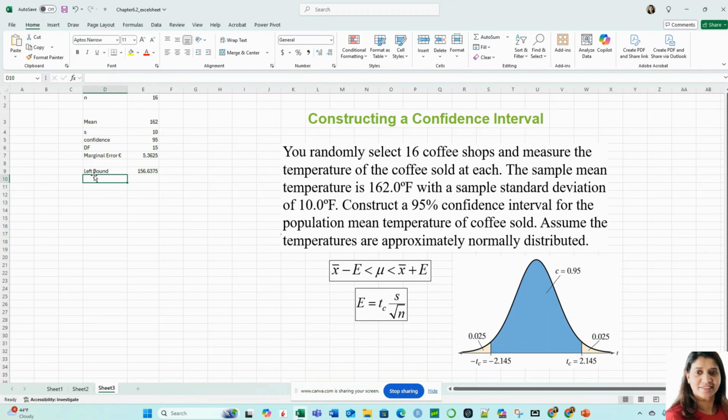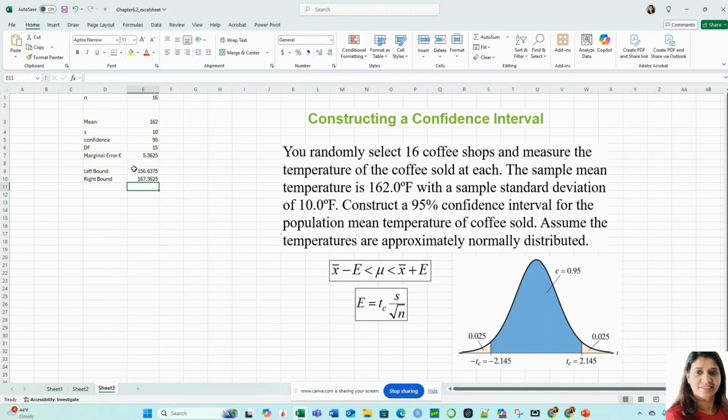Again, to find the right bound, equal the mean plus E, my margin of error, enter it. Then we found these two.